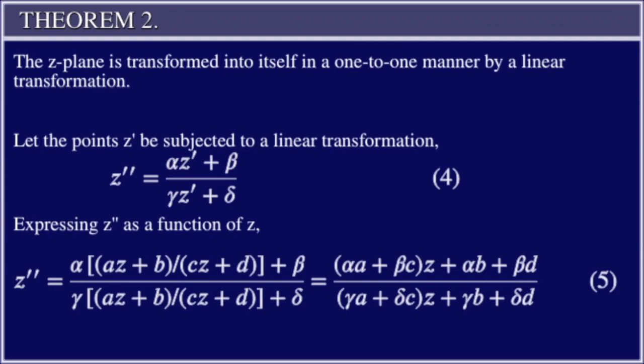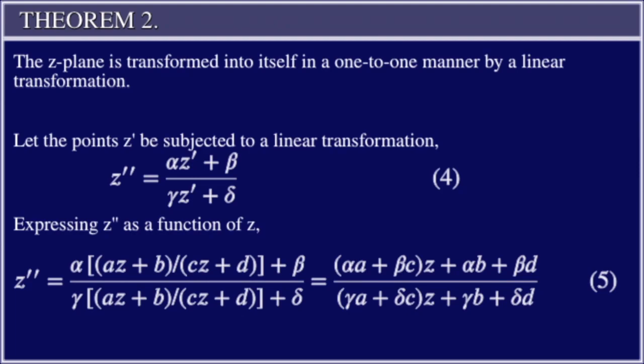Let the points z prime be subjected to a linear transformation, z double prime equal to alpha z prime plus beta divided by gamma z prime plus delta, equation 4.